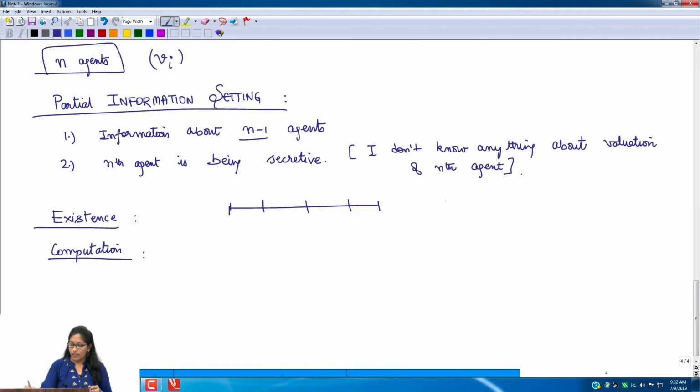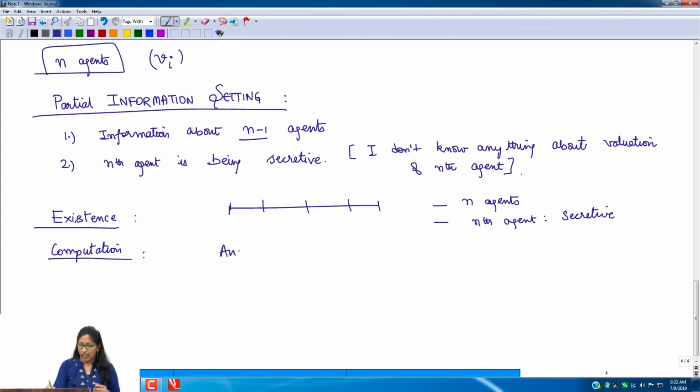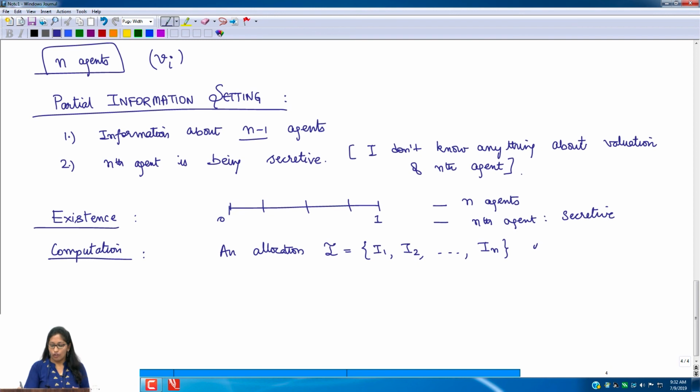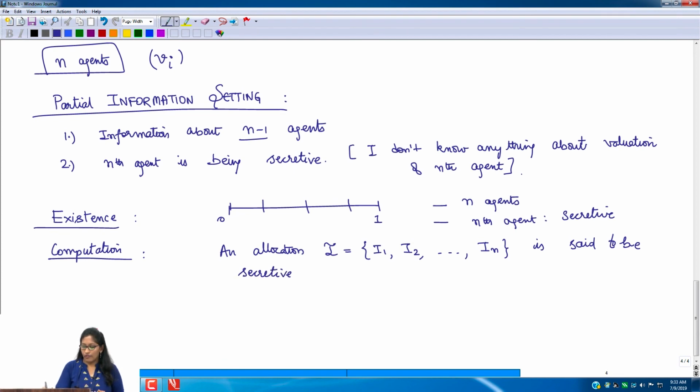Okay, so what I need is, let's say I have n agents in the system, and the nth agent is secretive. An allocation of the cake, which is [0,1], is said to be secretive envy-free or secretive proportional.